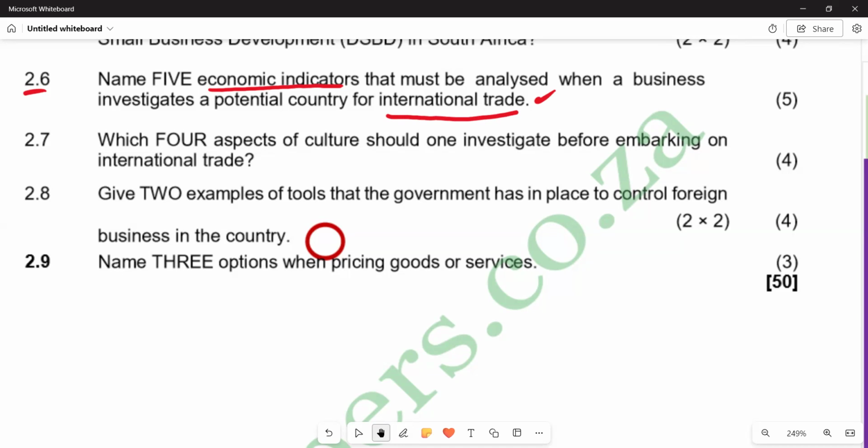The opposite of international trade is internal trade, which is the exchange of goods and services inside the country, within a country, and when it becomes international, we are now exchanging with other countries.